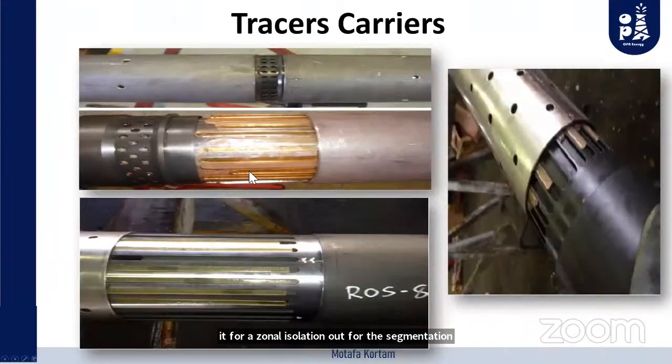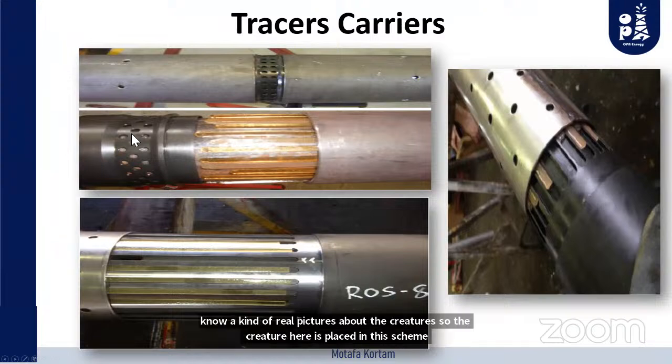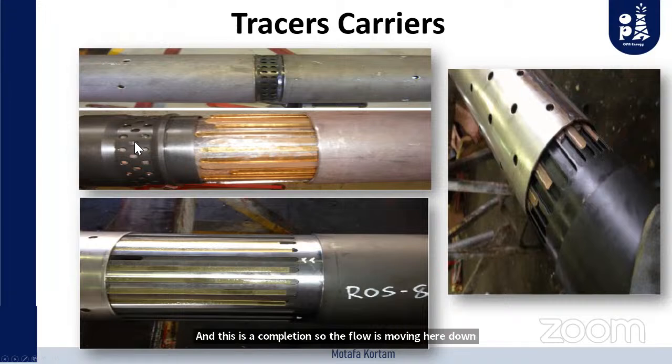Here are some real pictures of the tracer. So the tracer here is placed in this scheme, and there's a completion. The flow is moving down from the formation into the wellbore through this mesh, or from this perforated sub, and it finds its way and passes through the tracers, dissolving them. So this is a typical configuration of the tracers and how they are installed and preserved within the completion string itself.